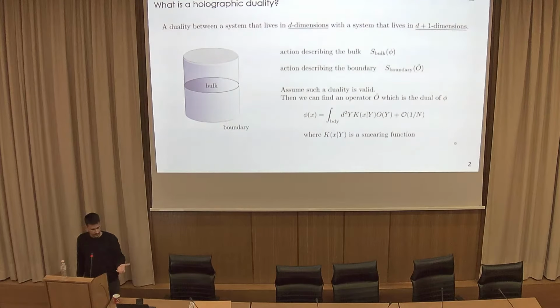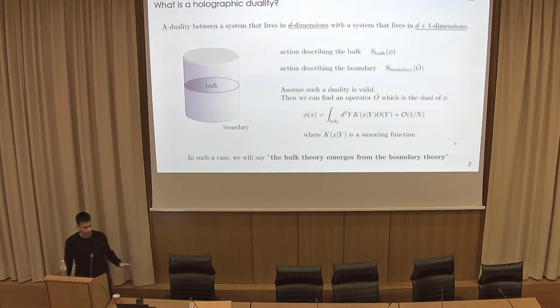So there should be an expression like this, connecting the O with the phi operators, where kappa, or k, is a smearing function, or a propagator from bulk to boundary. So from now on, whenever I say the bulk emerges, or emergent bulk from a boundary theory, I will mean it's the same as saying my boundary theory is holographic, or my boundary theory has a dual.